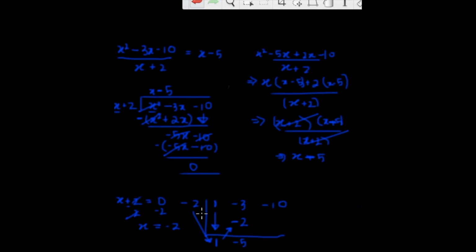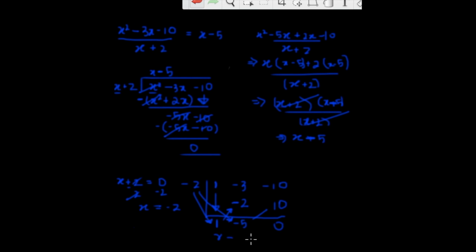Do the same thing here. You need to multiply the negative 2 with negative 5. That gives you positive 10, and then just put the 10 here. And negative 10 plus 10 gives you a remainder of 0. That means your term would be 1x minus 5, so it's just x minus 5 is your final answer, which is the quotient.